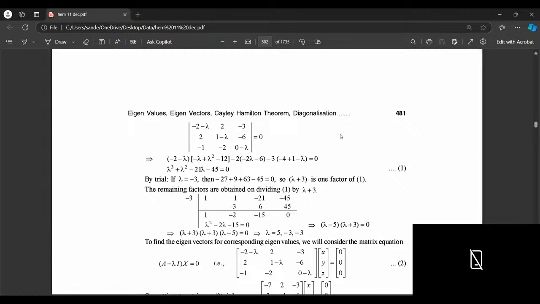So lambda plus 3 into lambda square minus 2 lambda minus 15 equal to 0.